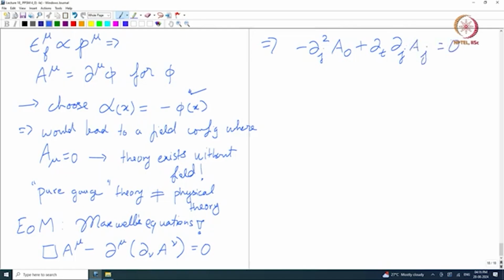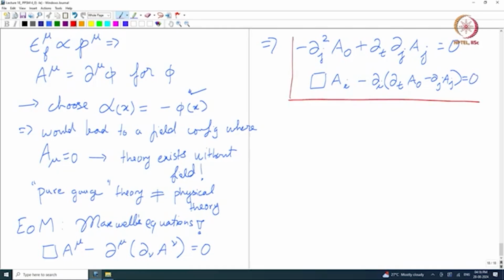Here is one, and here is one more involving another combination of spatial and time components. Okay. Excellent.